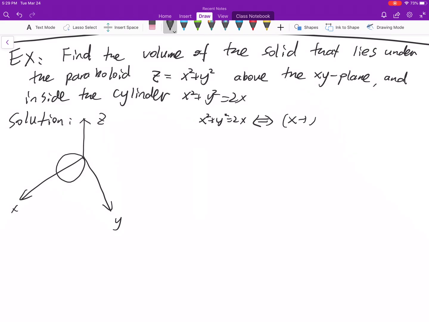If you complete squares, this looks like this, and then the cylinder has the following shape. Okay, next, what about the paraboloid?